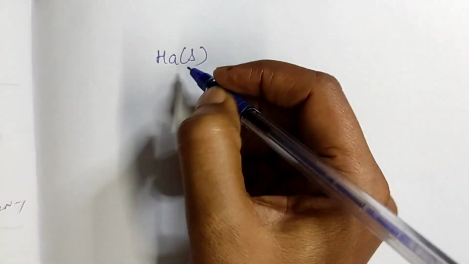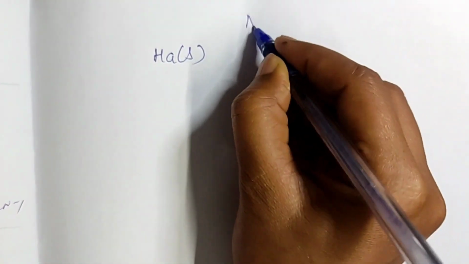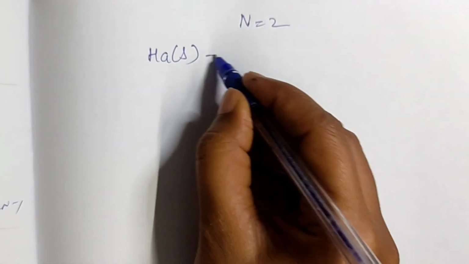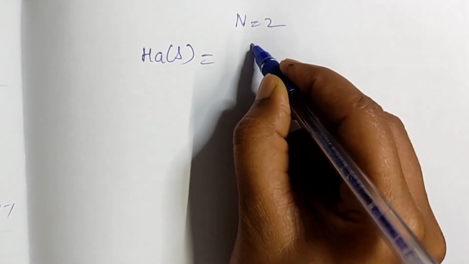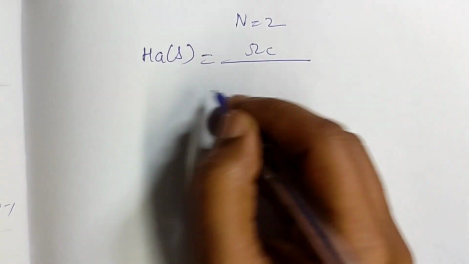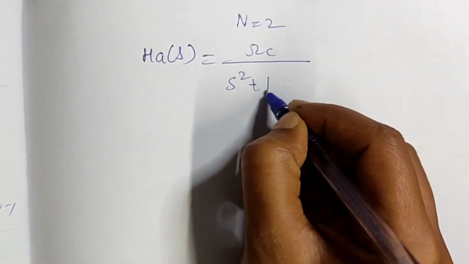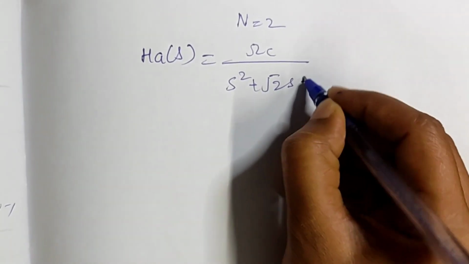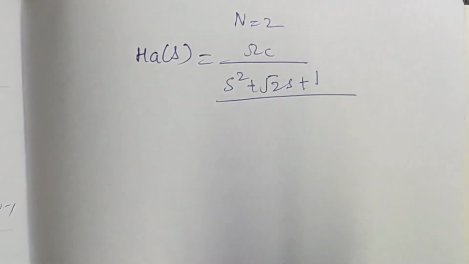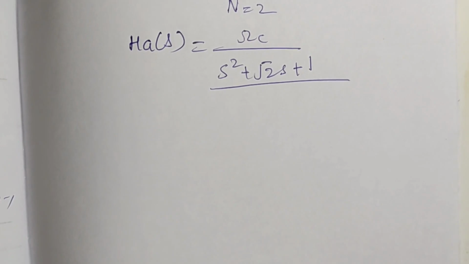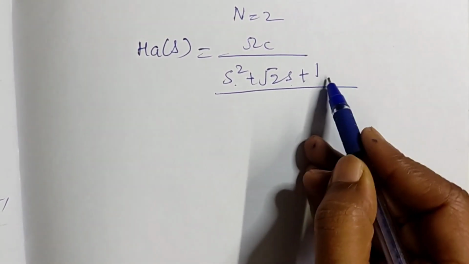When n is equal to 2, HA of S is equal to ohm C divided by S square plus root 2 s plus 1. This you can remember. If you calculate also, we get the same thing, s square plus root 2 s plus 1.